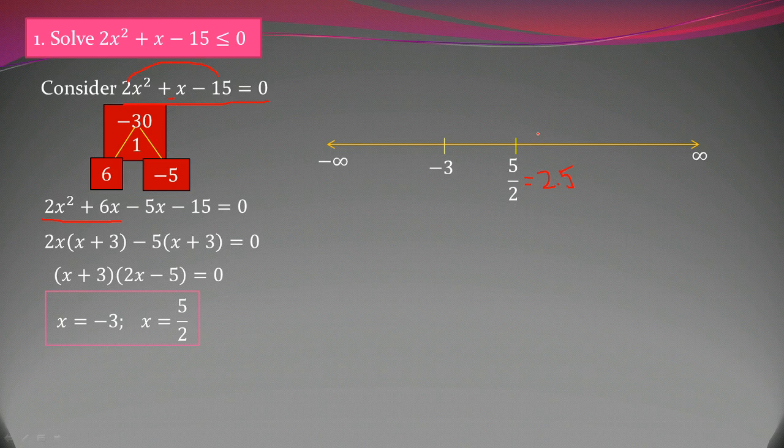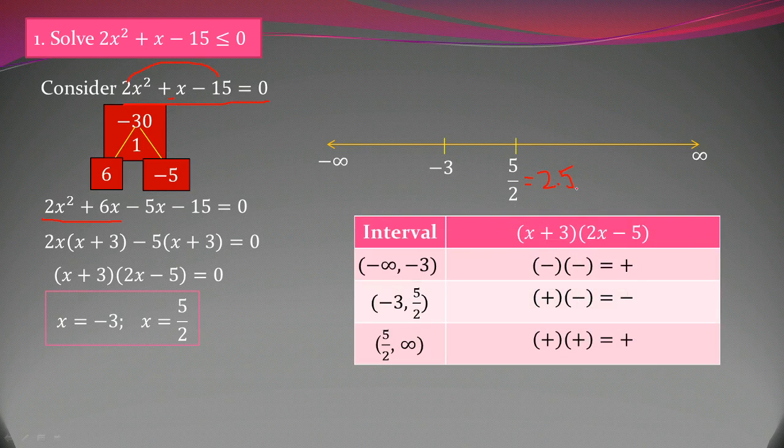After this, we have to make a table, that means we should consider the intervals. This is our first interval, this is our second interval, and this is our third interval.